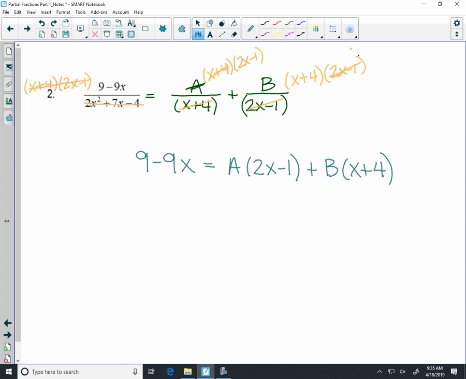So when I look at this, the thing that takes less brain power for me is to zero out B first, because I just see it as a whole number. What am I going to make x equal to if I want to zero that out? -4, absolutely. I'm going to zero out B so I can solve for A.